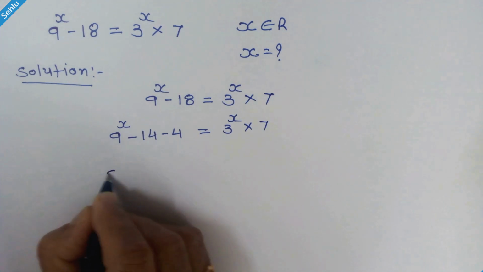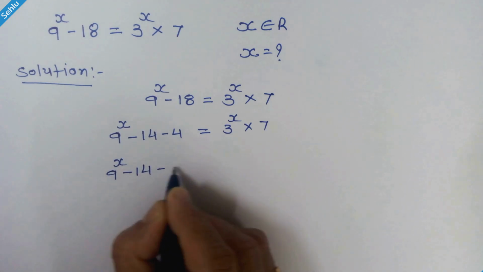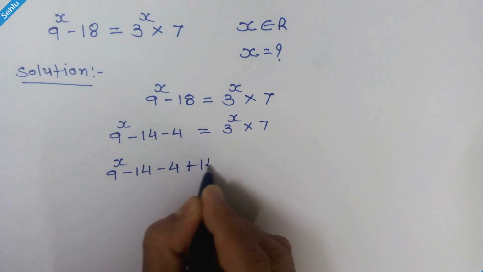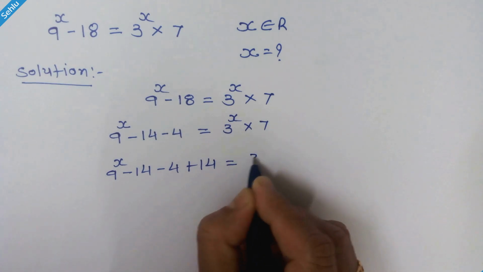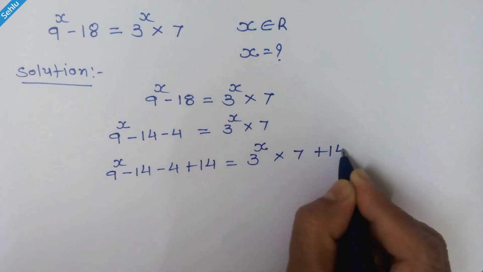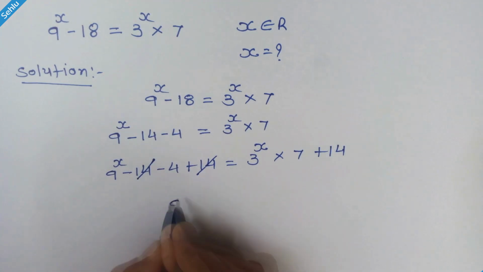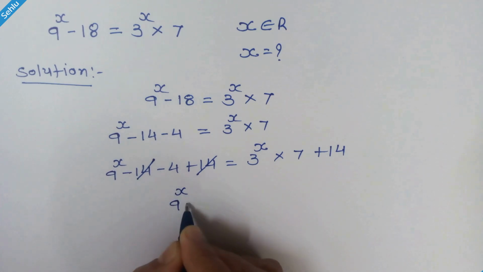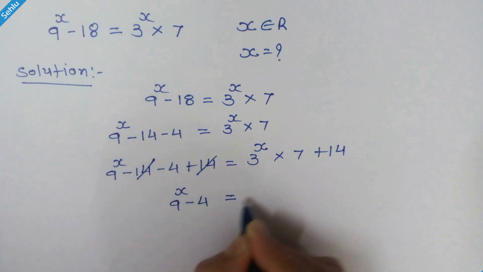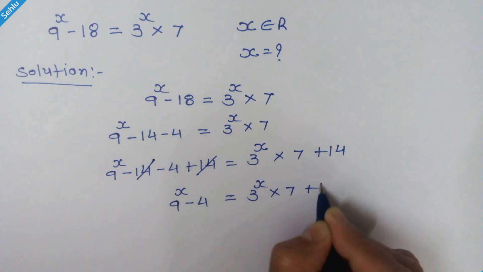So we have 9 raised to x minus 14 minus 4 plus 14 is equal to 3 raised to x times 7 plus 14. These two get cancelled out. Now we have 9 raised to x minus 4 is equal to 3 raised to x times 7 plus 14.